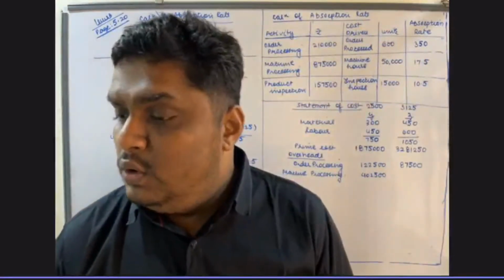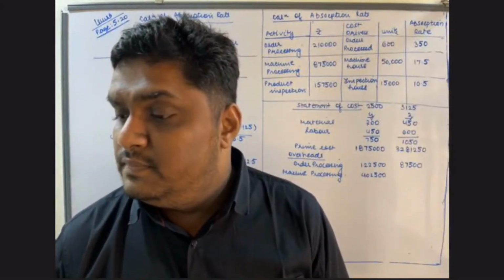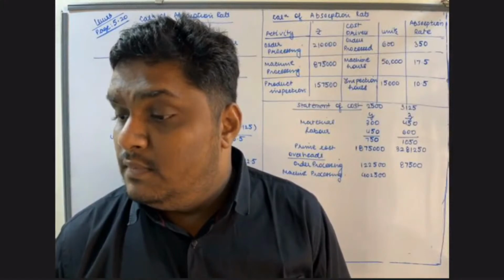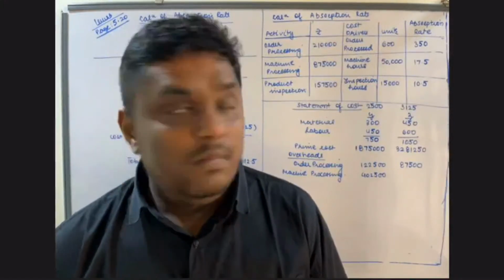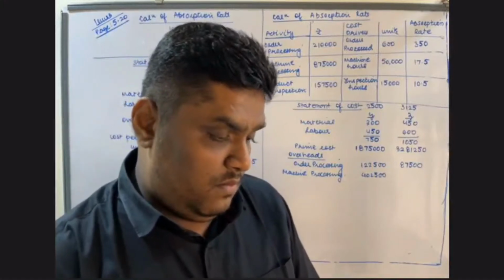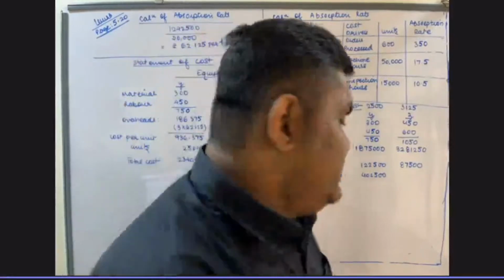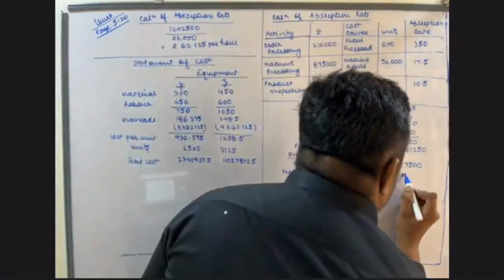And in case of Z, the total hours are 27,000. So this will be 472,500.